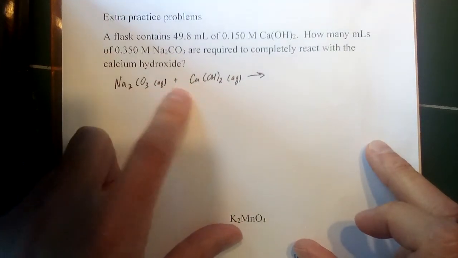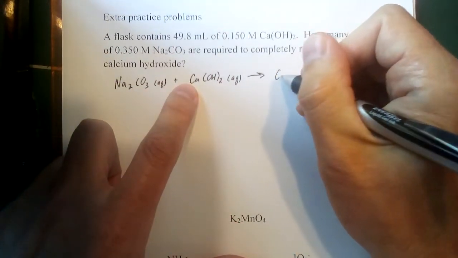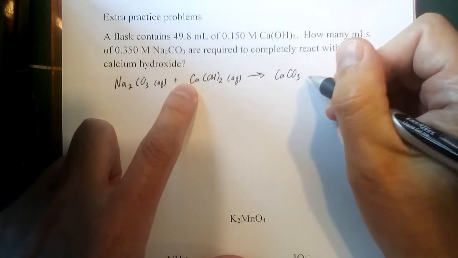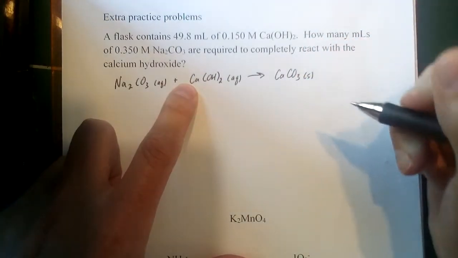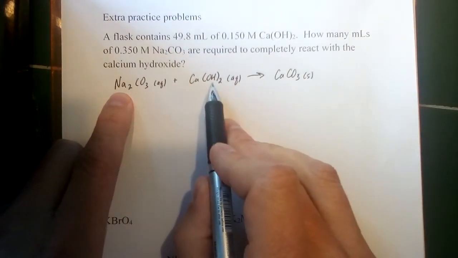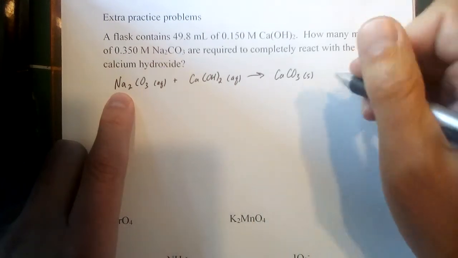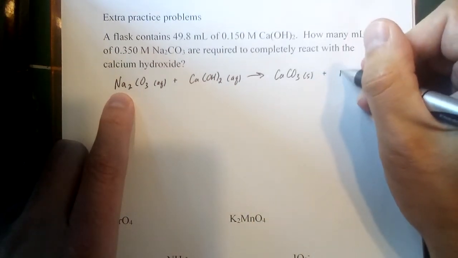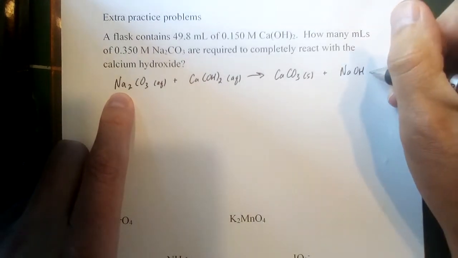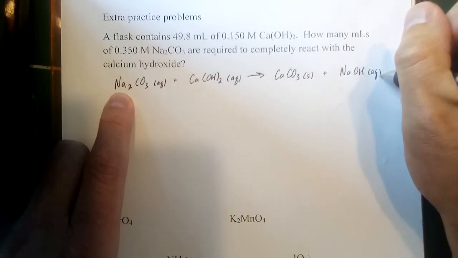So calcium carbonate is going to be our product. Calcium's +2, carbonate's -2, so that'll just be CaCO3. That'll actually be a solid here. 2 sodiums here, there's 2 hydroxides there. Those would be spectator ions in this case because sodium salts are always soluble. Sodium hydroxide will also be soluble here as a product.